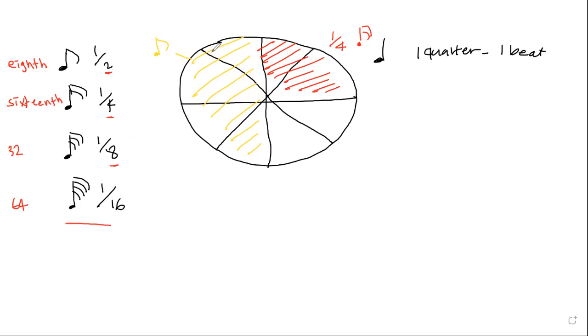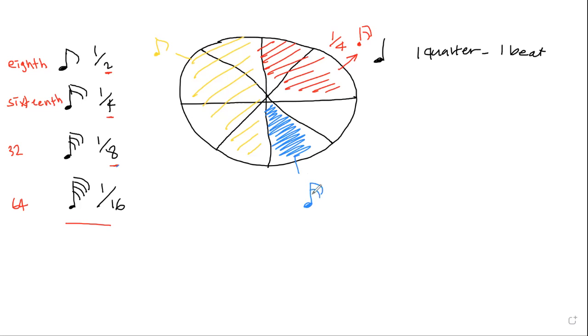So, the 8th note is half, and then for the 16th note you have to divide into 4, and this 1/4 portion is 16th. What about 32nd? If you divide one chapati into 8 pieces, then only this much portion is 32nd.